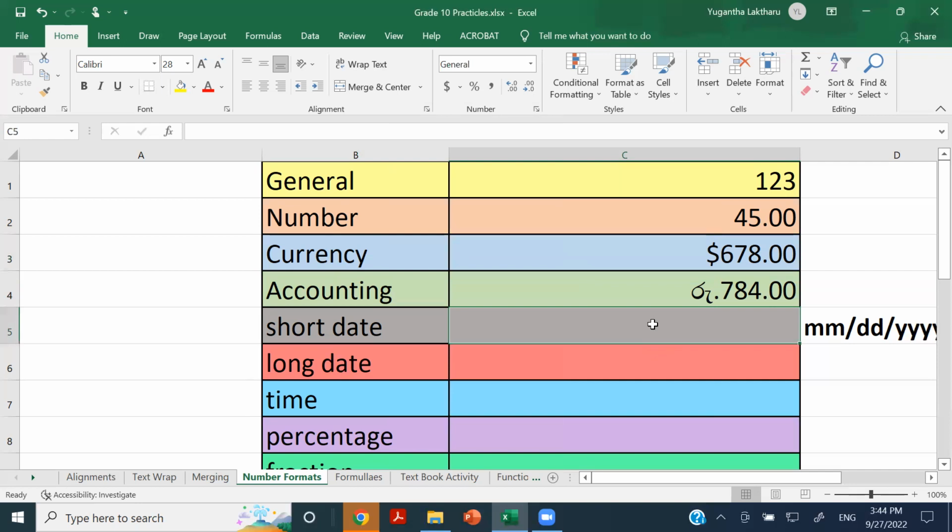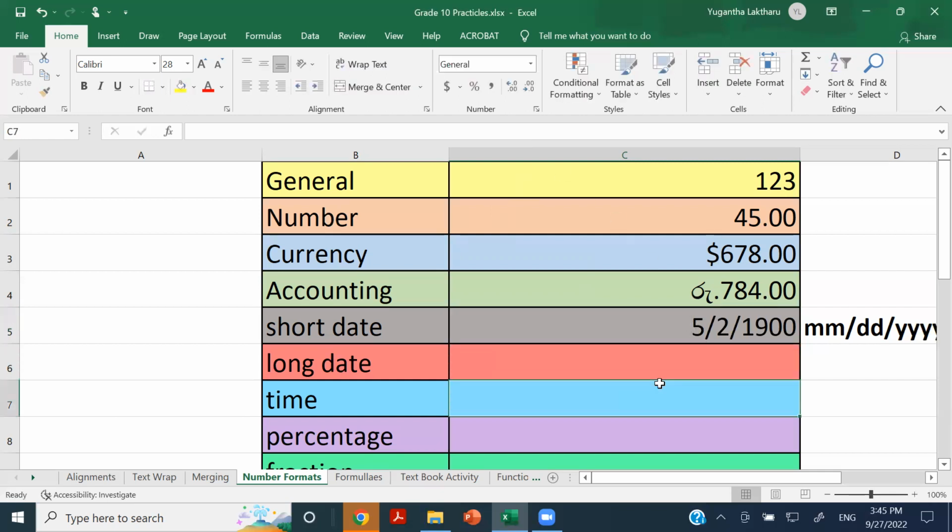So when it comes to the short date, it's a little bit different when it comes to the date types. If I type 123, my usual value, and change it to the short date, it shows me 5/2/1900. Why is something like this happening?